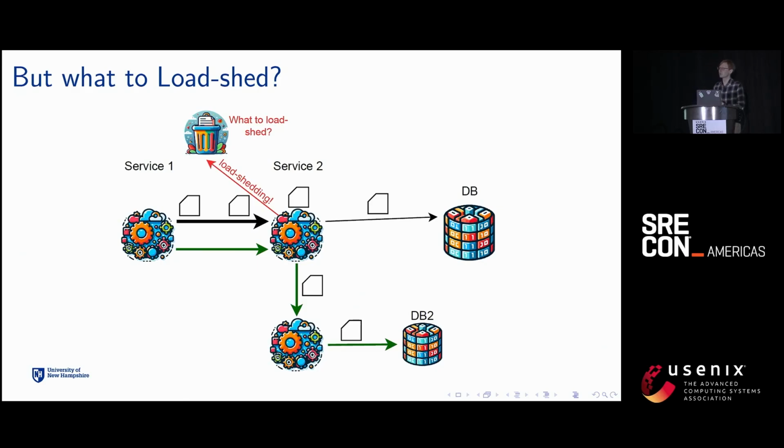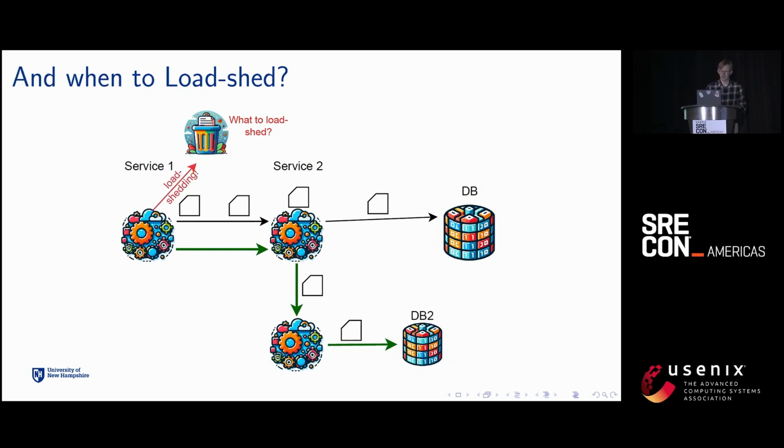So sometimes you need to prioritize what you load shed in a way that actually helps your system to recover, right? You may prioritize it in such a way that will prevent your system from recovery. So this is a difficult question, and I don't pretend I have a good answer. I have some hints, and I'm willing to talk offline on that, but I don't think I have a really good answer. And the second question is when to load shed, right?